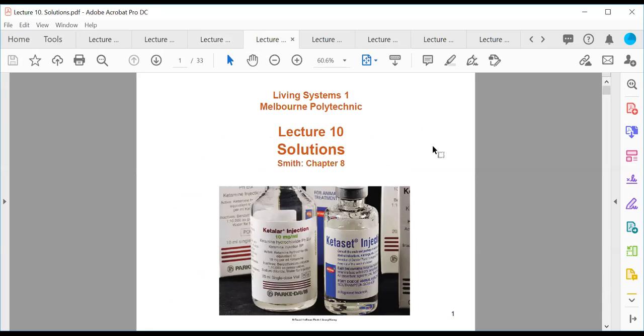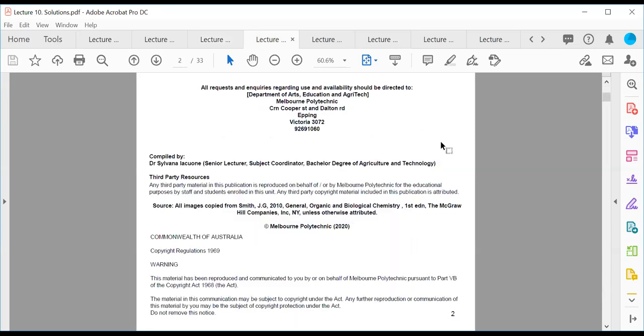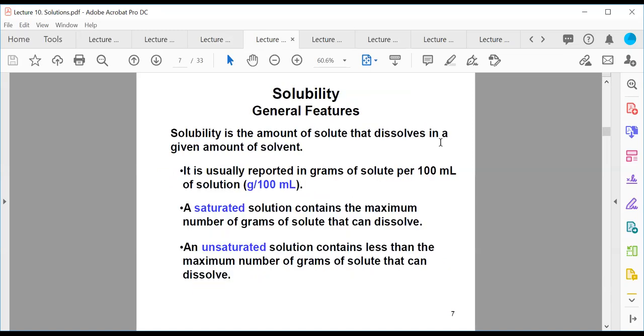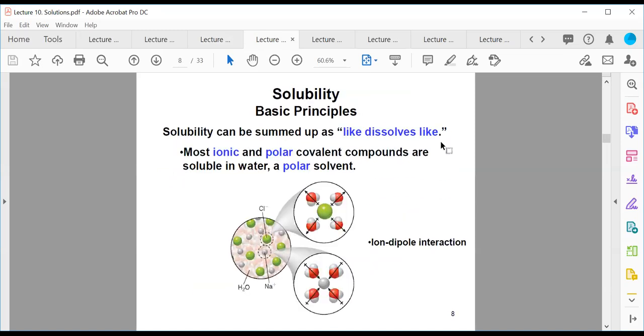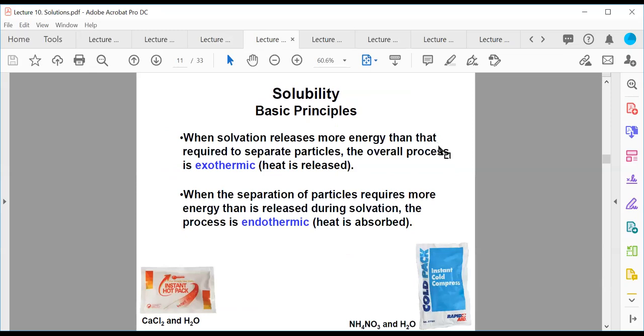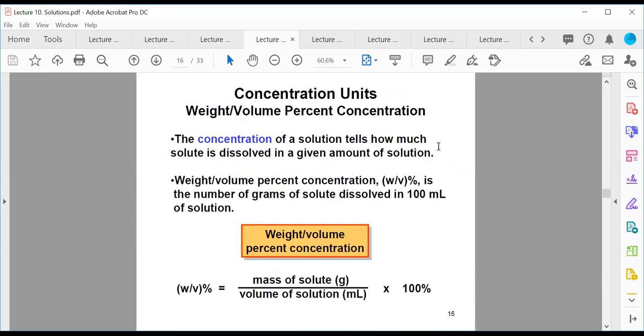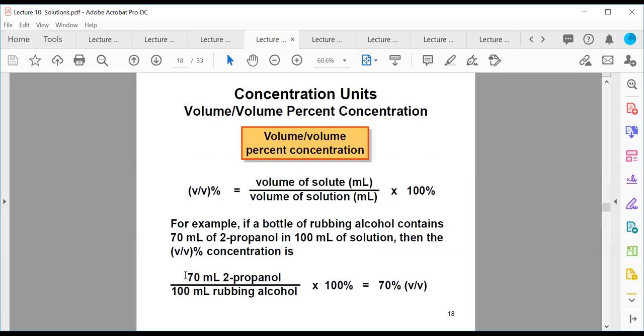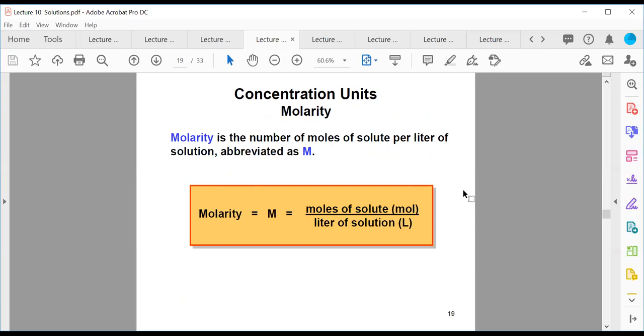Next, solutions, lecture 10. We've got a couple of very simple calculations here that most students don't have problems with. Here's one: weight per volume percent concentration. Make sure you can calculate that. And then volume per volume percent concentration, which is pretty much the same, just the units are a little bit different. Molarity. Make sure that you can calculate molarity.